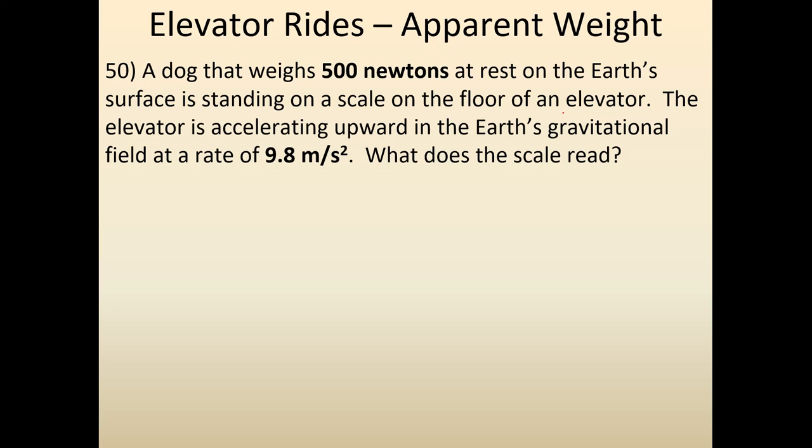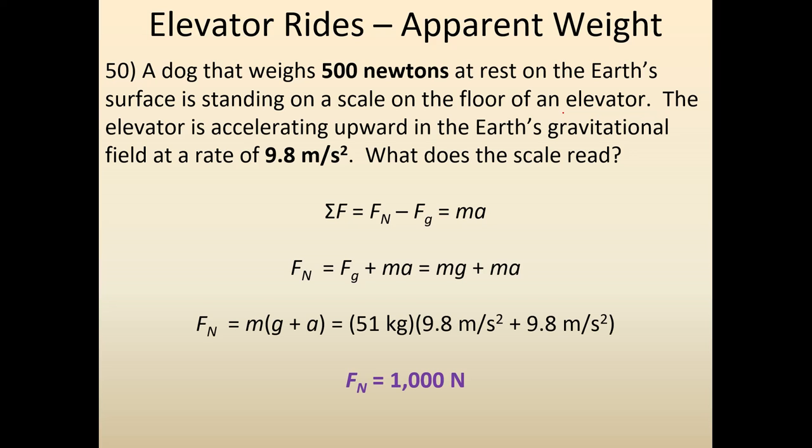All right, so here we know that the elevator is once again accelerating upwards. So again, my normal force is going to be bigger. That one goes first. So I do this. I kind of do the same setup I did before. The one thing that you'll notice though is I actually went back and I'm using 9.8 as g, just because the 9.8 that they're giving me is very clearly supposed to resemble the acceleration of gravity.